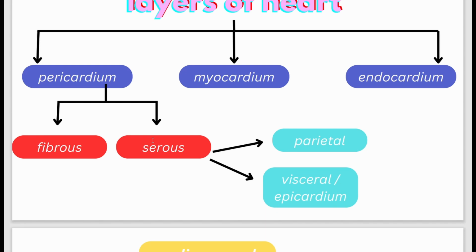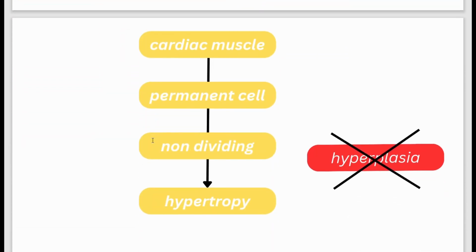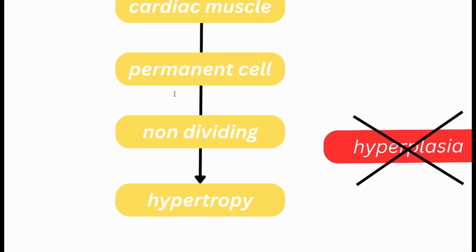And next we are going to the cardiac muscle. We all know there are three types of muscles in our body: temporary muscles, permanent muscles, and continuously dividing muscles. Cardiac muscle is a kind of muscle which does not undergo any kind of reproduction. The cell does not undergo any kind of division. It shows hypertrophy.